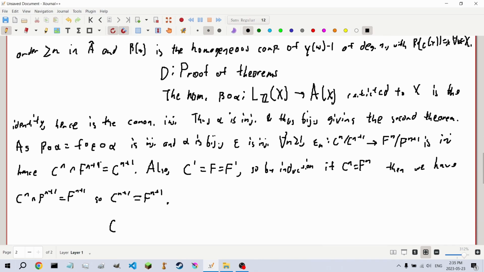This comes with a corollary, which states that the intersection of all of our lower central series on the free group on X is just the identity.